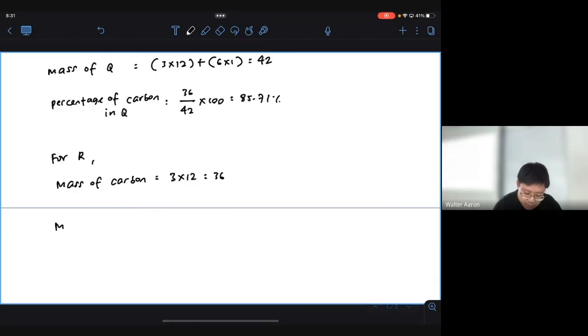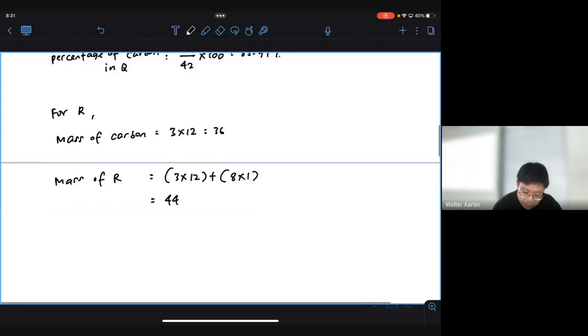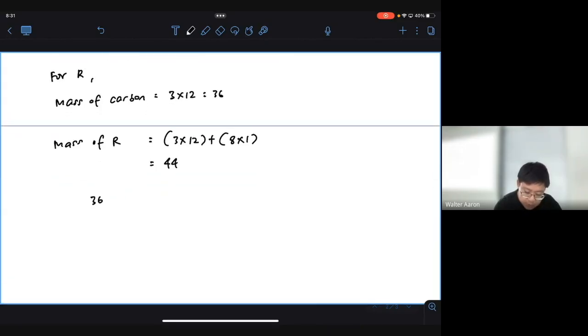The mass of R, okay, so 36, it'll be 81.81%.